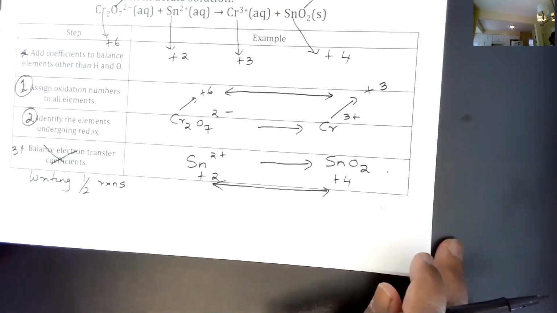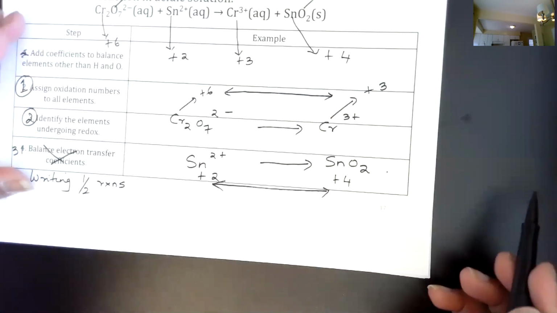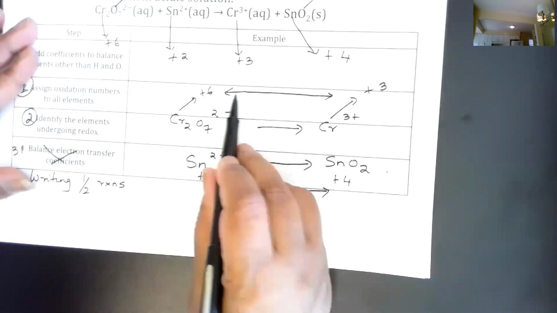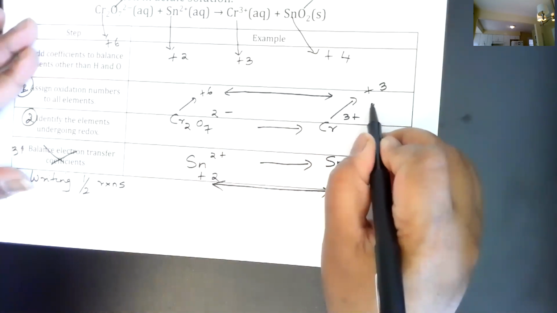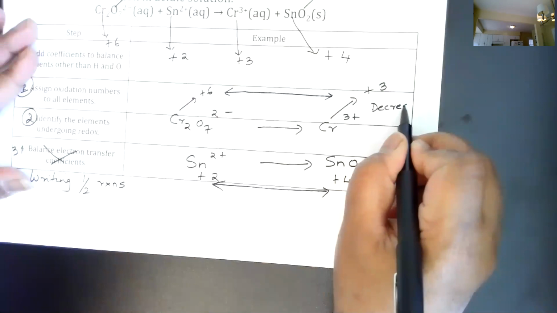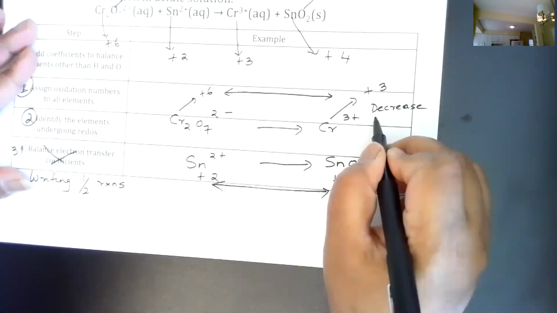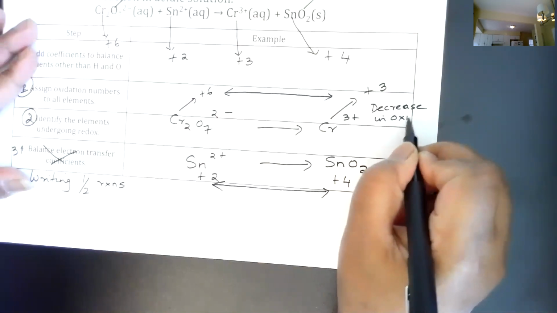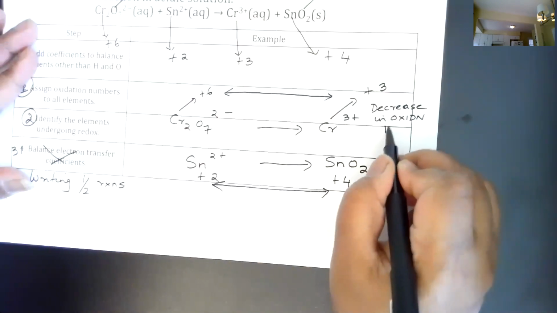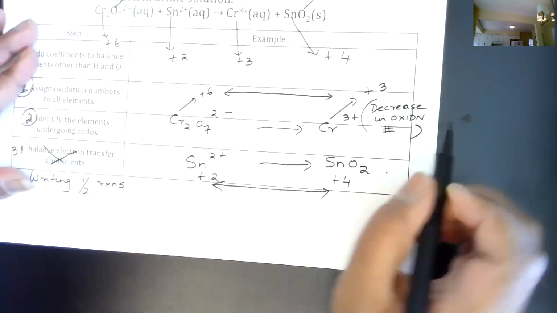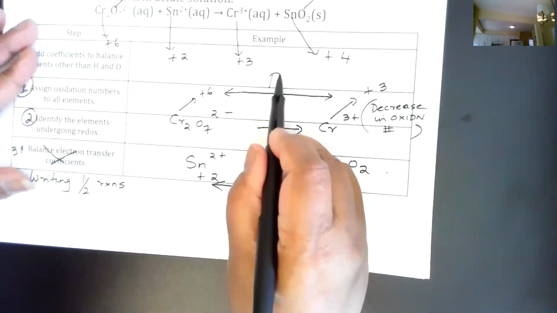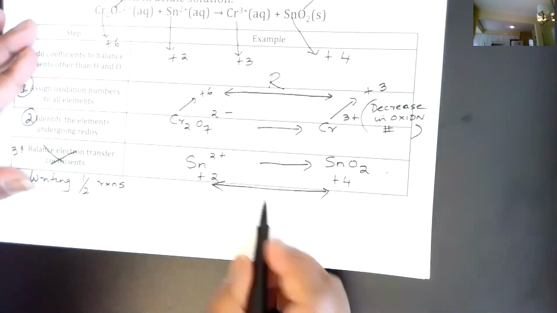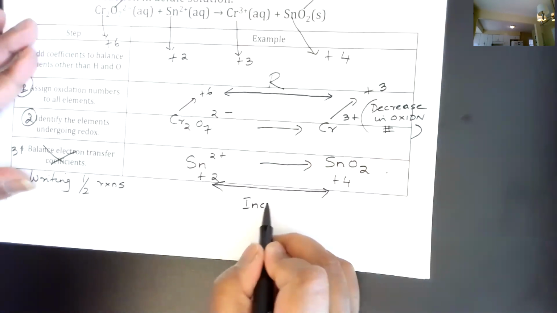The first one is reduction, the second one is oxidation. That's right. So this is decrease in oxidation number. Increase in oxidation number.